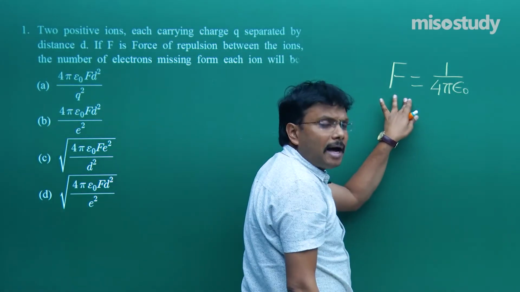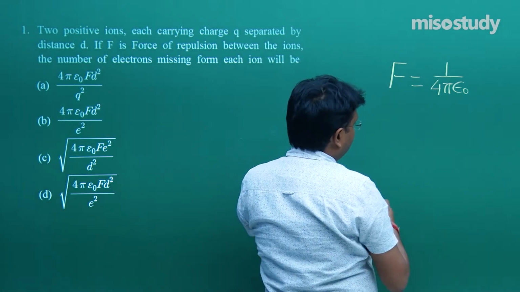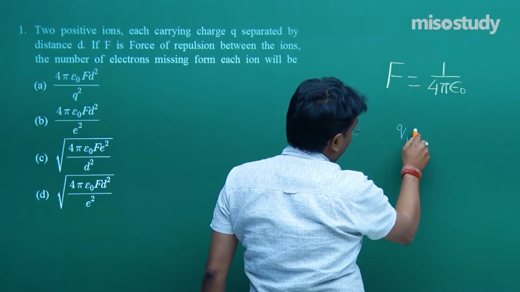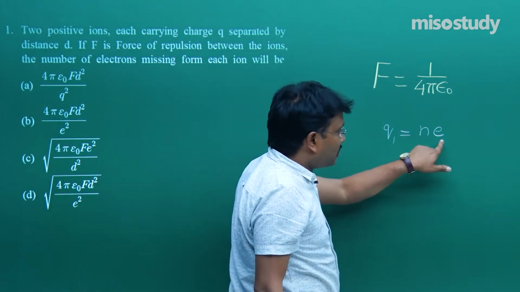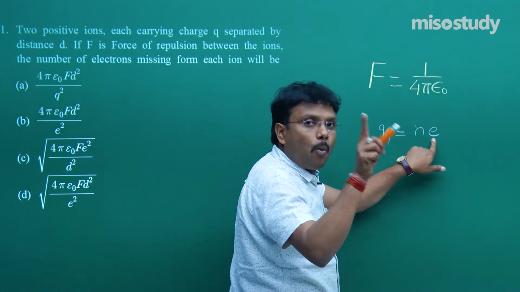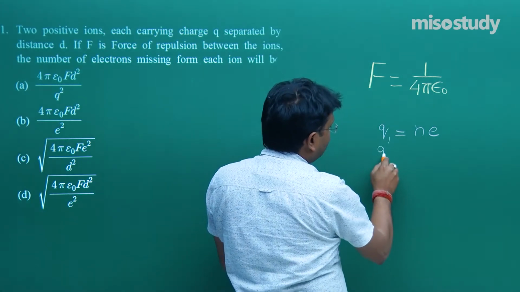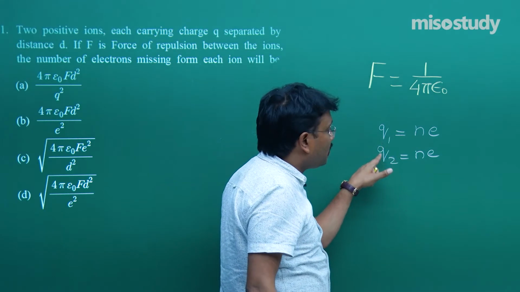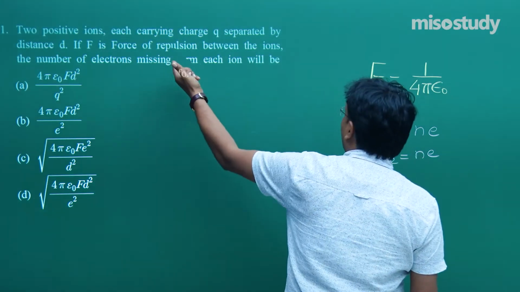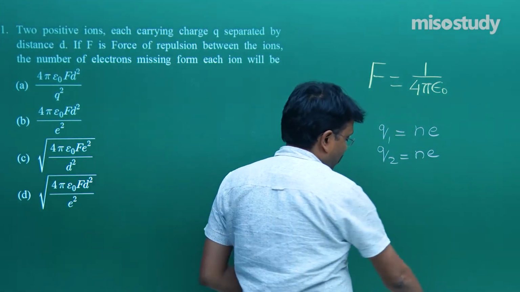No problem to anyone. Now, let's say Q1 is equal to Ne, where N is the number of electrons and e is the charge of one electron, because the second is also Ne. Now, why am I saying Q1, Q2 are the same? Because it is given in the problem, it's not me saying it.